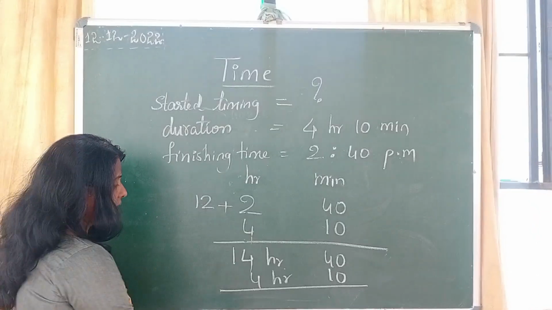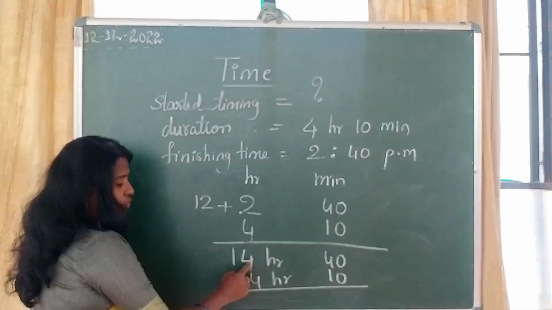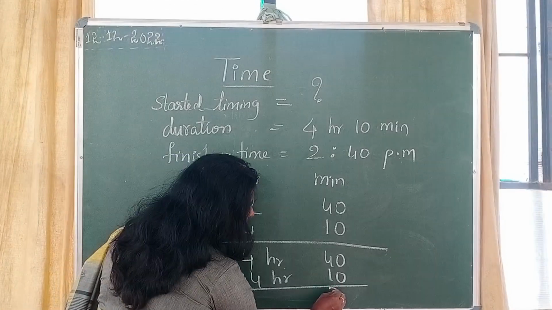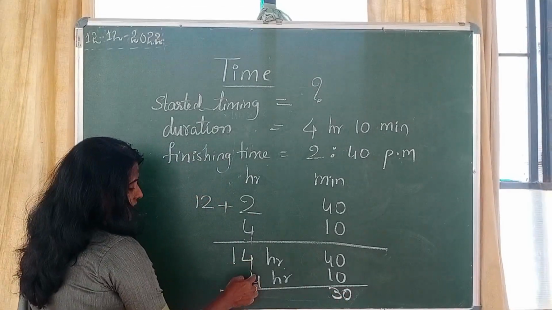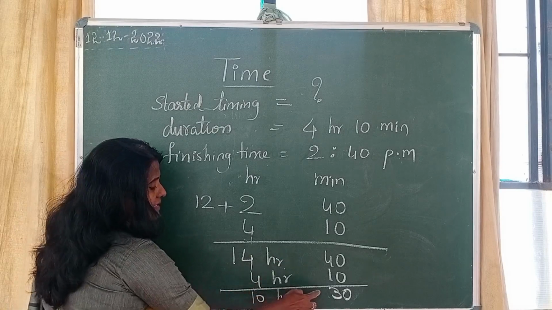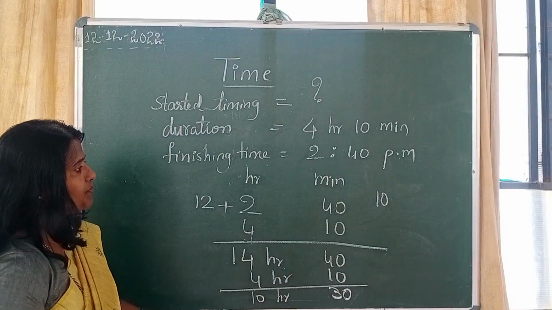So this is the easiest method. Okay, 12 plus 2, 14 hours, 40 minutes, minus 4 hours, 10 minutes. Now subtract it. 40 minus 10 is 30. 14 minus 4 is 10 hours. That means 10:30.